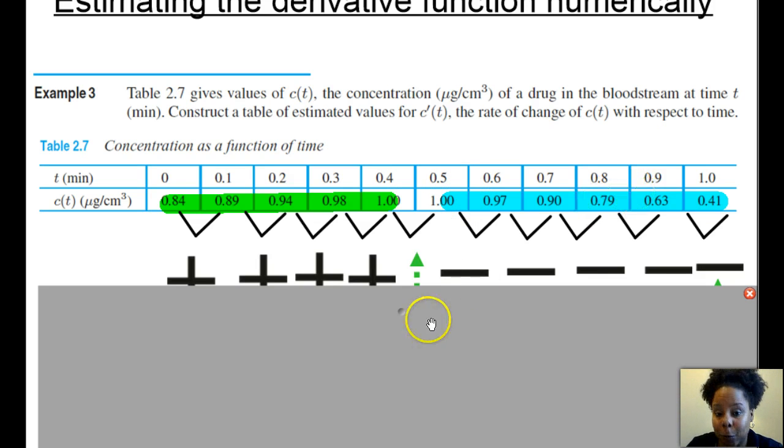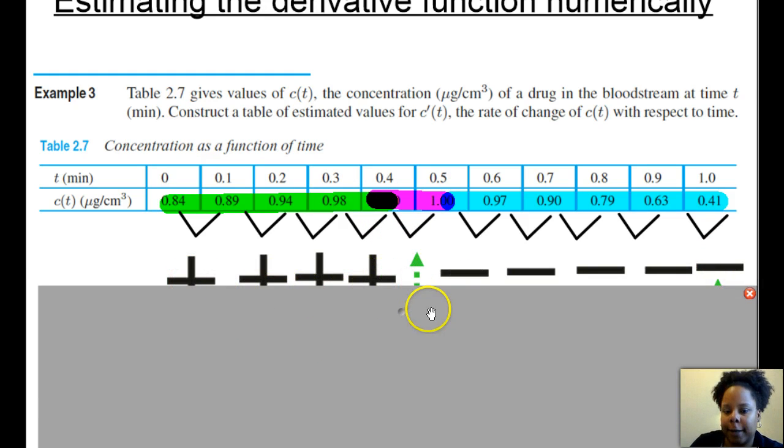And what's very interesting going on over here is that there's no increase because the concentration values are the same. So the slope of the tangent line here would be about 0 because there is no increase. Whereas the slopes of the tangent lines are positive to the left of it and negative to the right of it.